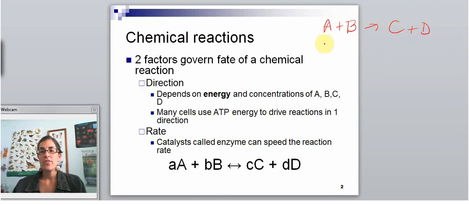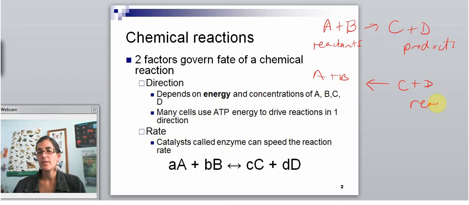In the way that I've drawn this reaction, this would be the reactants and these would be the products. But it's possible that the arrow would go the other direction. In that case, the same molecules, the relationship is reversed. C and D are the reactants, and A and B are the products.